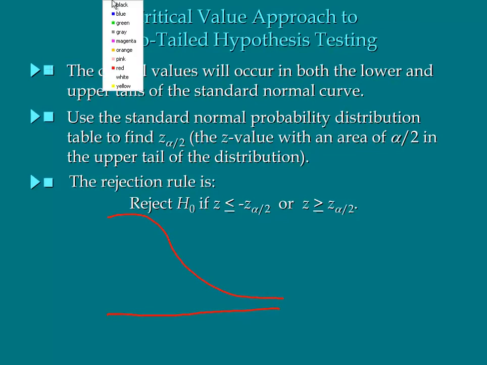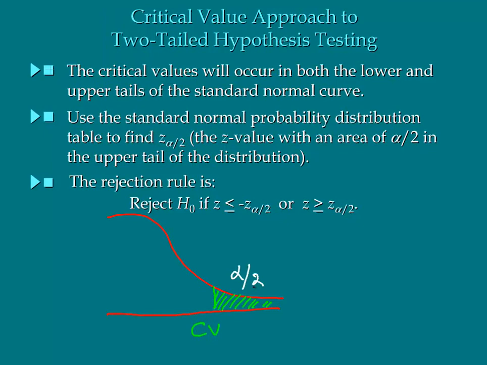You have to find this critical value here such that you get alpha over 2 to the right of it, and that requires working backwards from your tables.